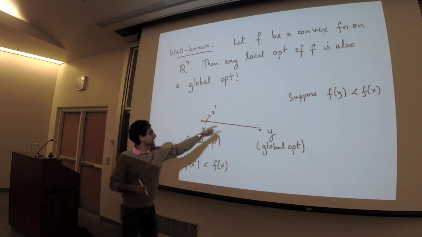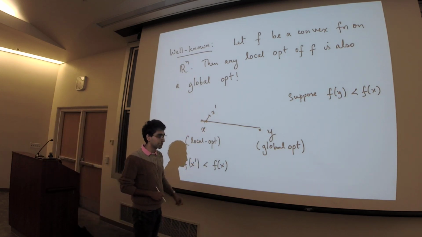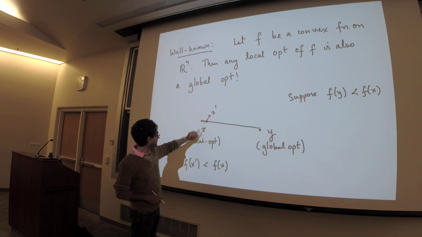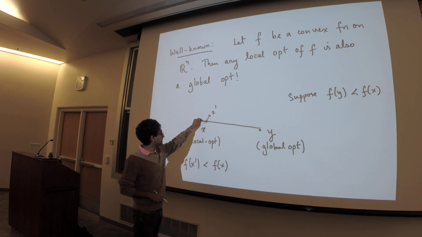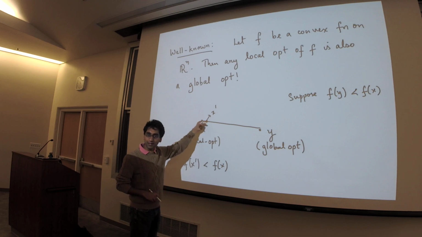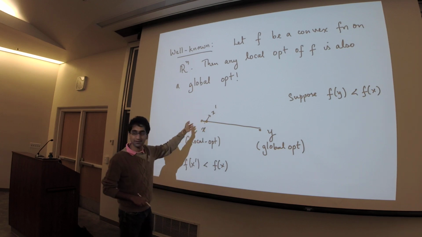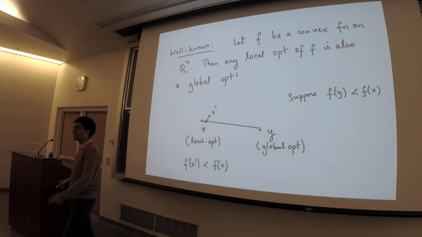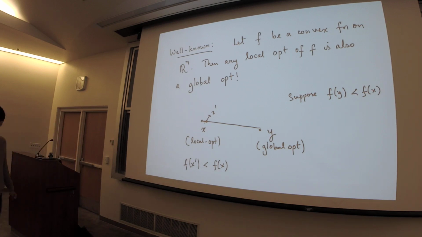For any point on this line, you can show that this is true. And this contradicts the fact that this is a local optimum, right? Because now there is a direction very close to x where your value is lower.